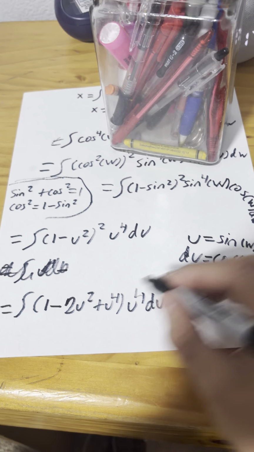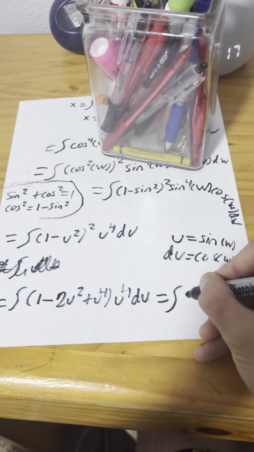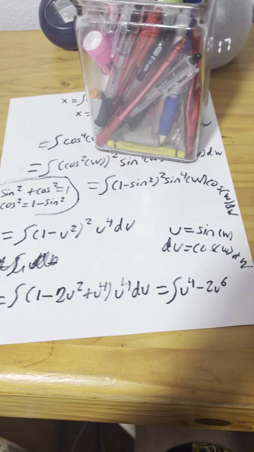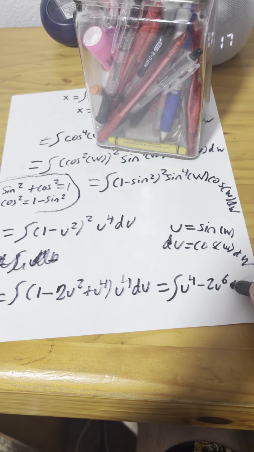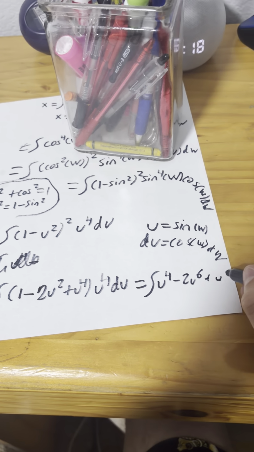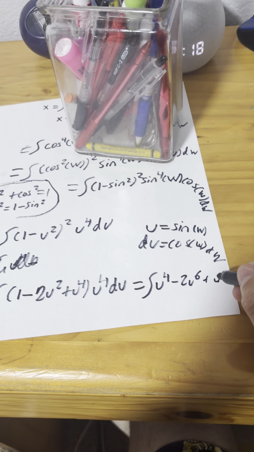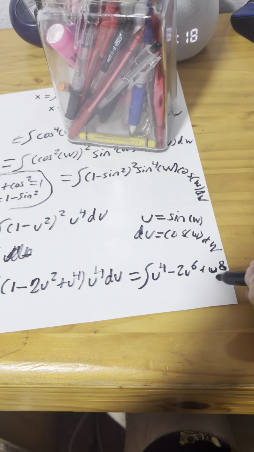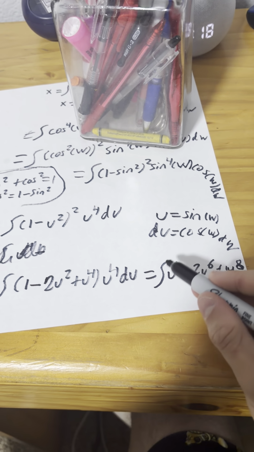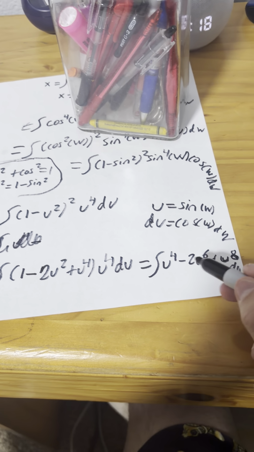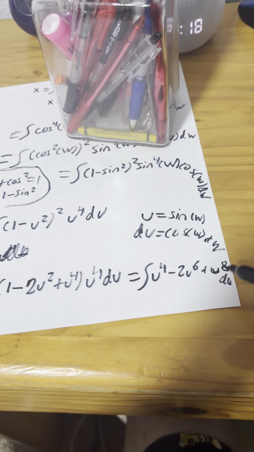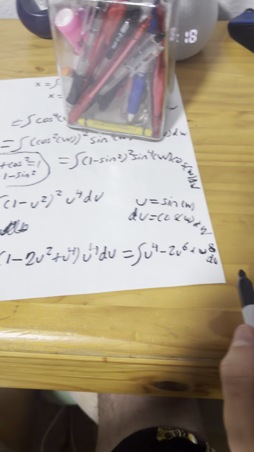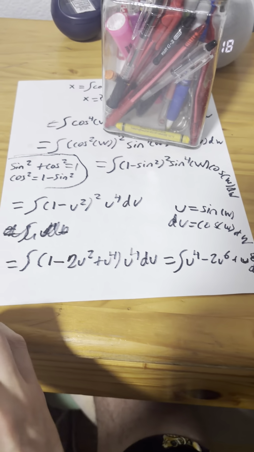And then we distribute u to the power 4. That's the integral of u to the power 4 minus 2u to the power 6 plus u to the power 8 du. That's what I wrote, kind of legible, kind of not.